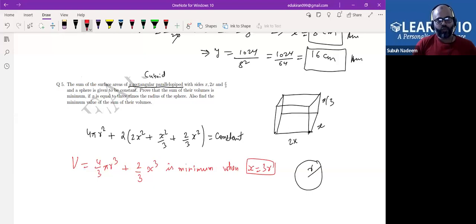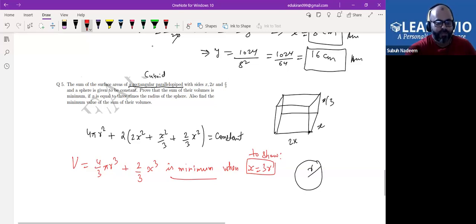This is what you have to show. And also find the minimum value of the sum of their volumes. So just give it a try, then we'll discuss.